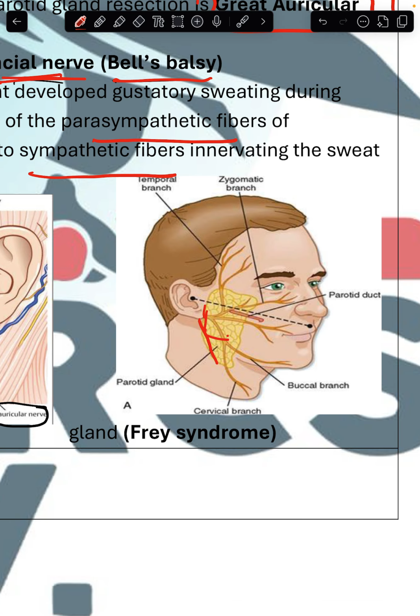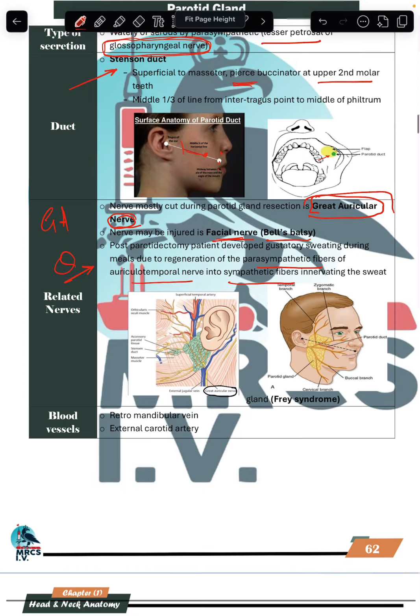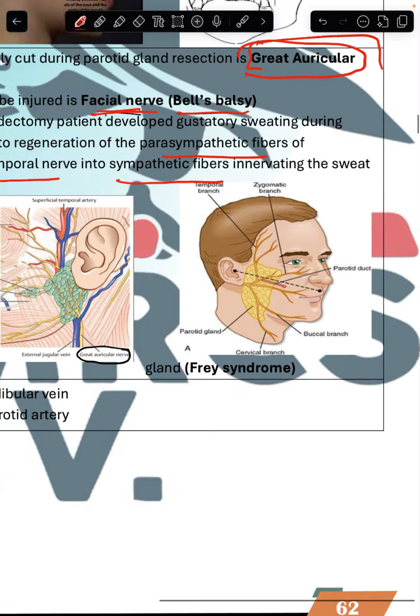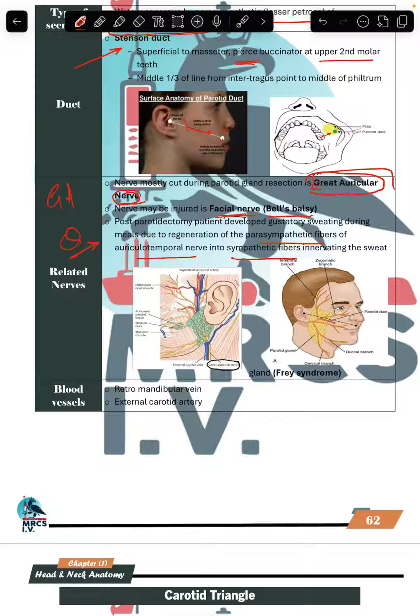So crisscross stimulation leads to sweating in this much area. So Frey's syndrome, what happens? There is regeneration of parasympathetic nerves of the auriculotemporal nerve into sympathetic nerves of the sweat gland.